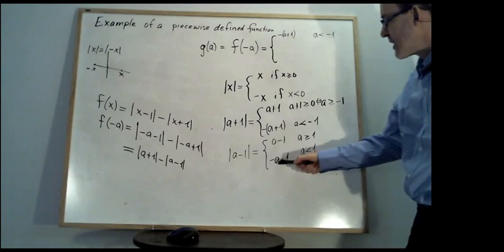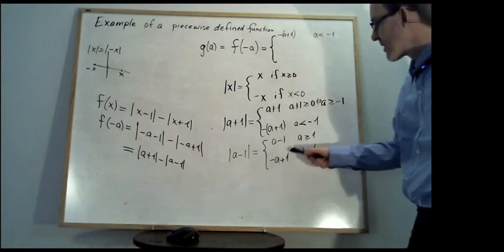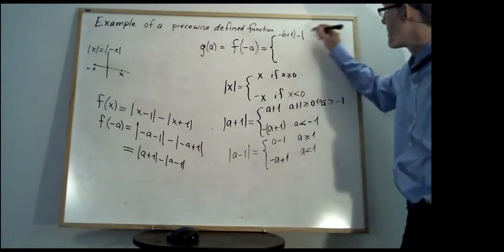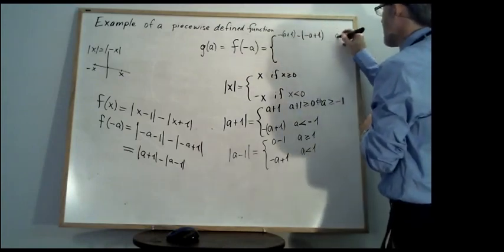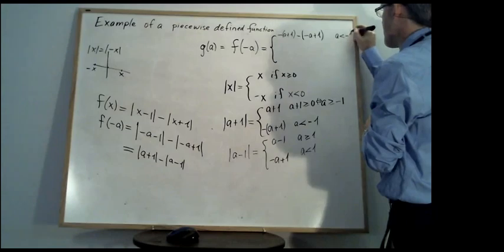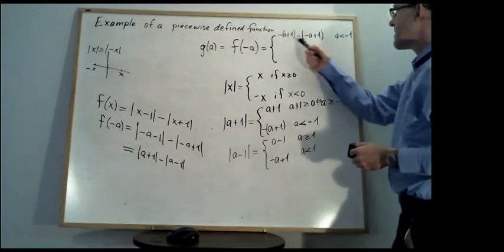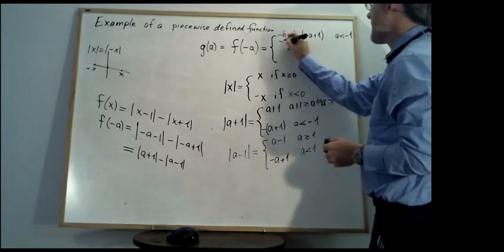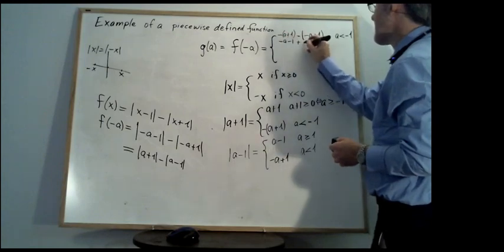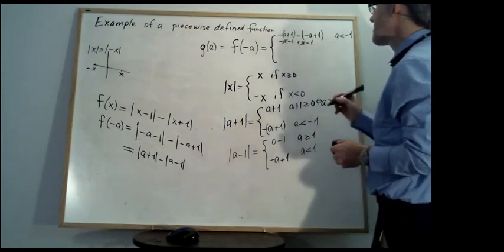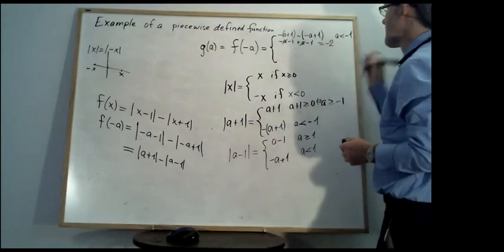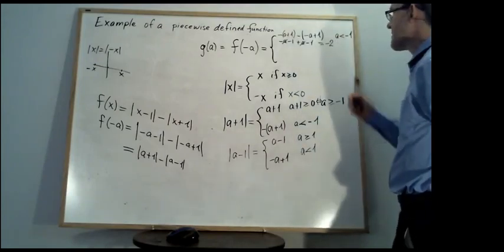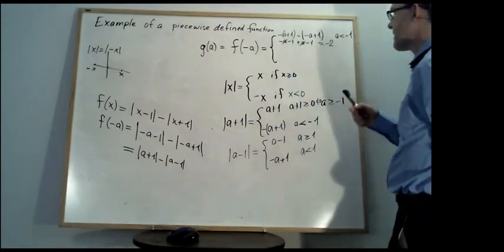And so I have to write that as minus this whole thing. Okay, and that's equal to what? That's minus a minus 1 plus a minus 1. So the a's cancel, and I get -2. Okay, so that's for a less than -1.